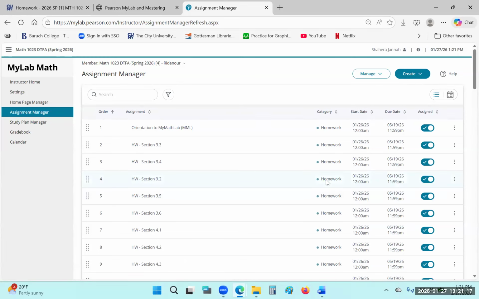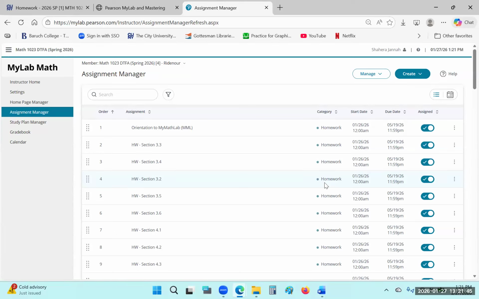So this is set up as the last day of class, but our due date will change every week. You're going to have some homework due every Tuesday midnight. Whatever sections we finish in one week, Tuesday, Thursday, Friday, the homework for those sections will be due Tuesday midnight. So every Tuesday midnight, we are going to have some homework.